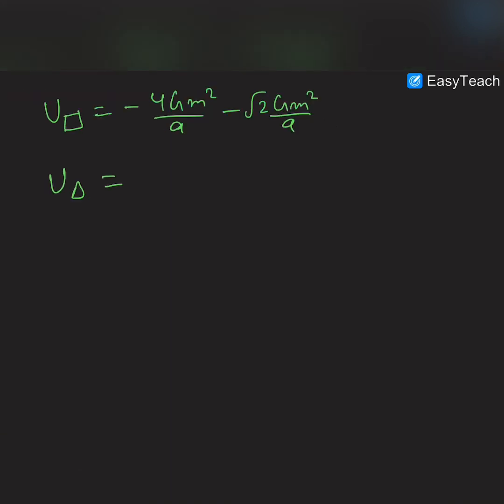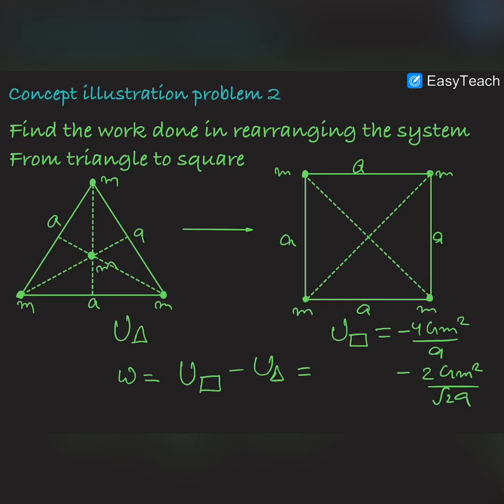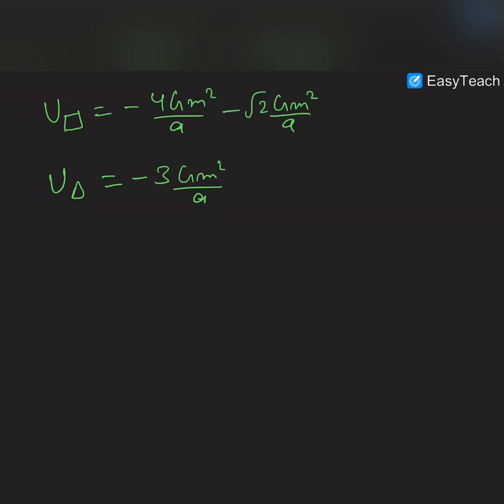So U of triangle will be equal to minus 3 Gm square by a, because in these pairs the distance between the two masses is a, and in the other pairs the distance between the two masses is a by root 3. You know that this side length is a by root 3. So this would be minus 3 Gm square by a by root 3. So U of triangle would be minus Gm square by a into 3 and minus 3 root 3 Gm square by a.